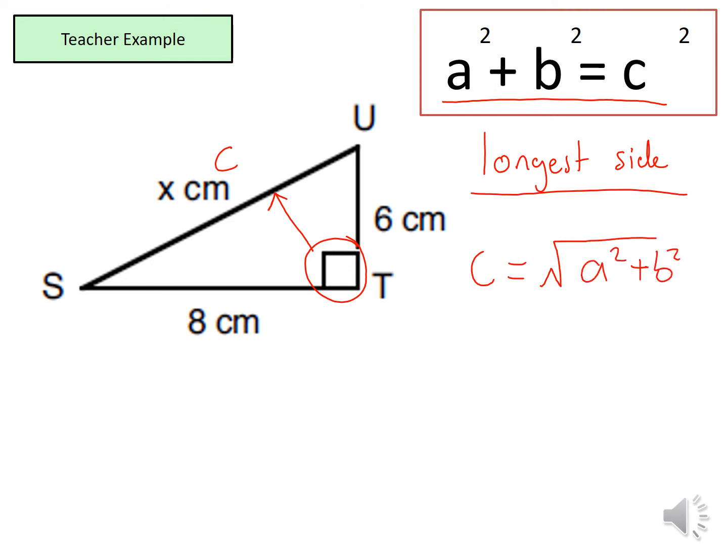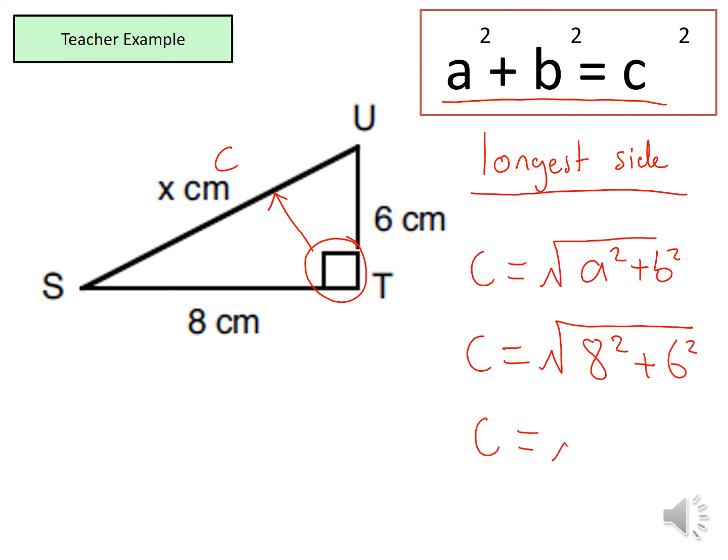Now, for the lengths of A and B, it doesn't matter which way you do them because they're both short sides, so we can just substitute those numbers back into the formula. That gives me C equals the square root of 8 squared plus 6 squared. Now let's find out what they are.